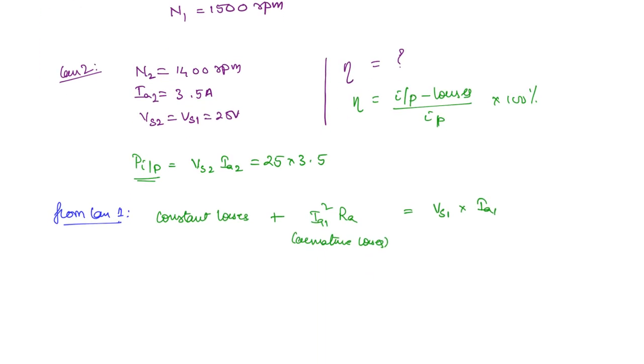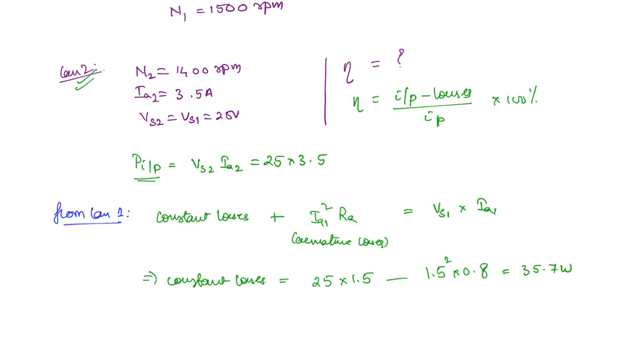Okay, so from here you can find out constant losses, because the same constant losses will be there in case 2 as well. So we want that constant losses. So this is equal to Vs1 is given as 25 into current is given as 1.5 minus Ia1 square is 1.5 square into 0.8. So this, if you calculate, you're going to get 35.7 watts.